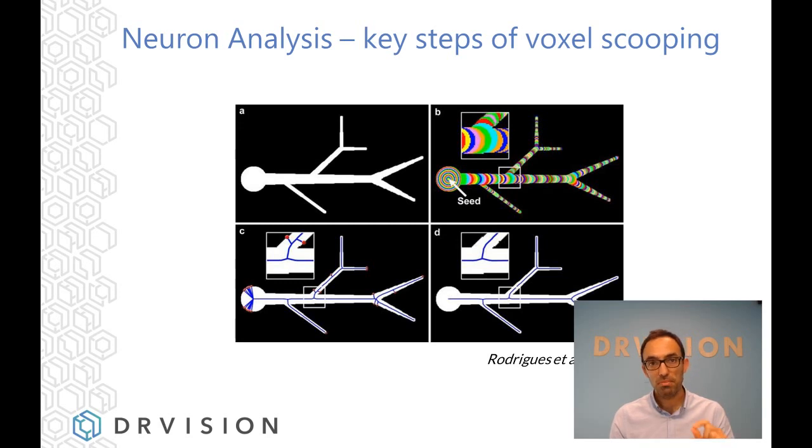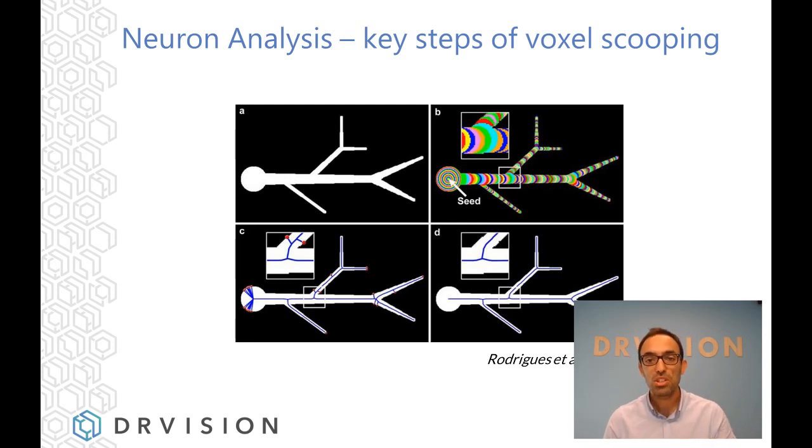And one of the really special features of this algorithm is that it can detect dendrites that become very, very thin and very dim. It's extremely robust at doing that. So it can trace dendrites into areas where there is very little signal or where the dendrite has become very, very thin.